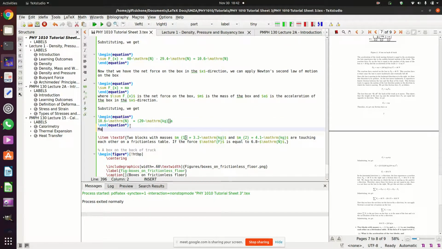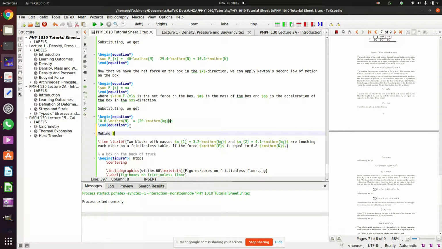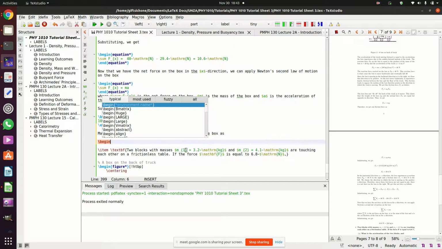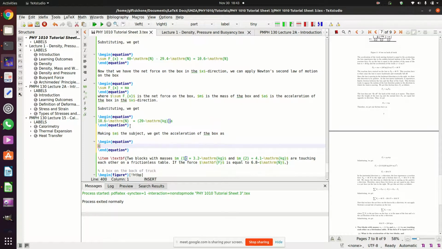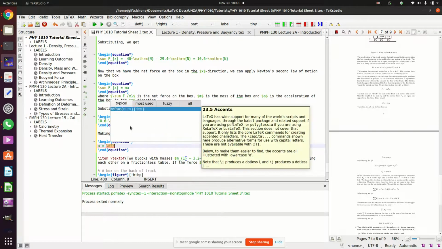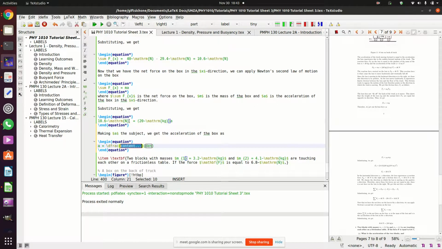Making A the subject, we get the acceleration of the box: A is equal to this.